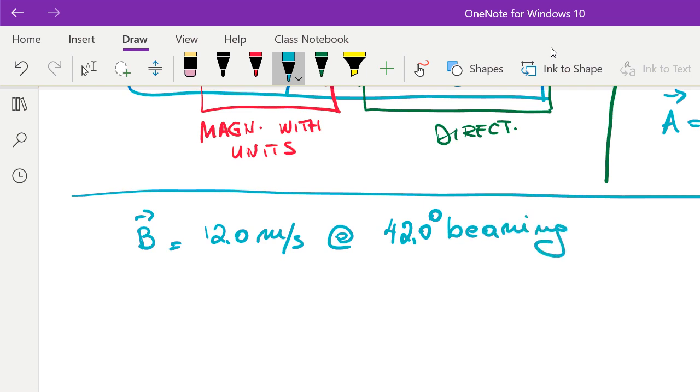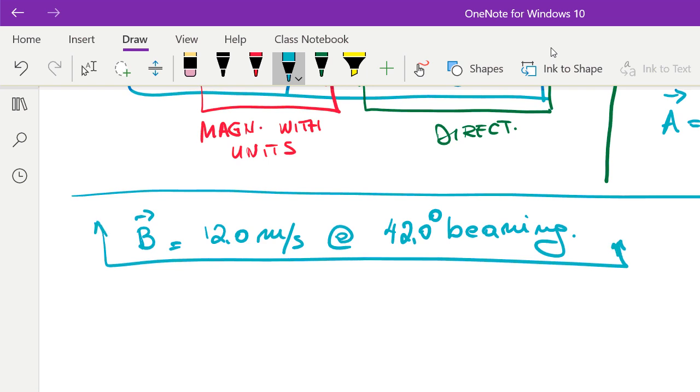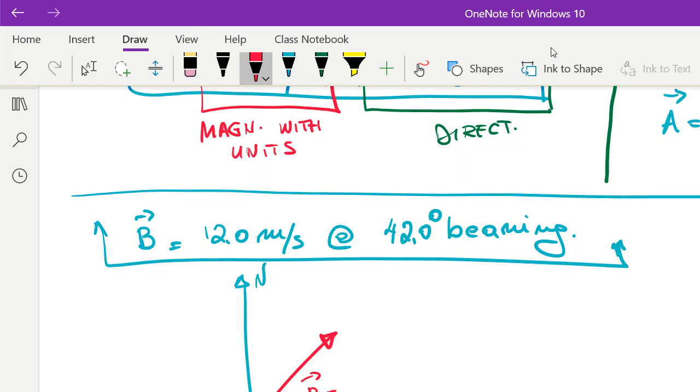When I'm giving you this vector and asking you to represent it graphically, you will draw the north axis, and then your vector B, and the length of this line segment will represent the magnitude of the vector, 12 meters per second.